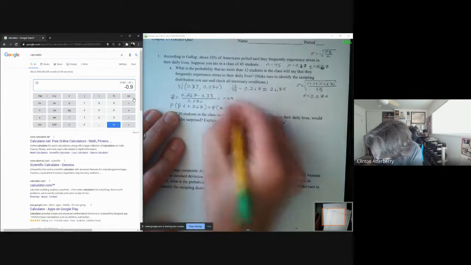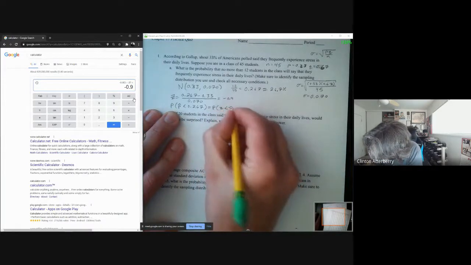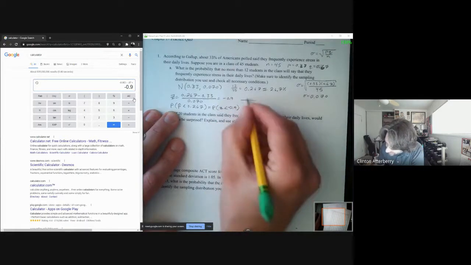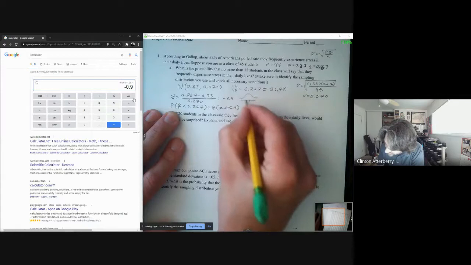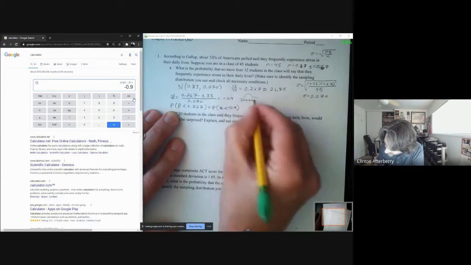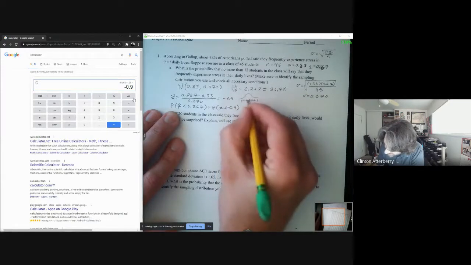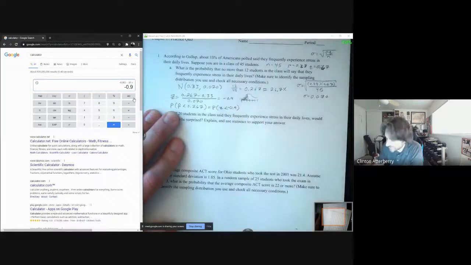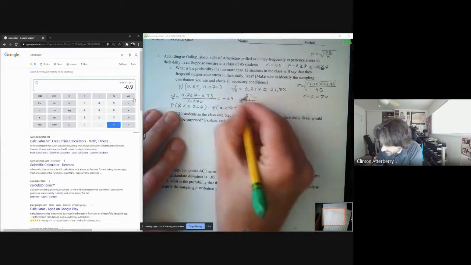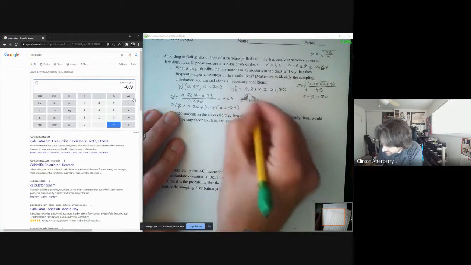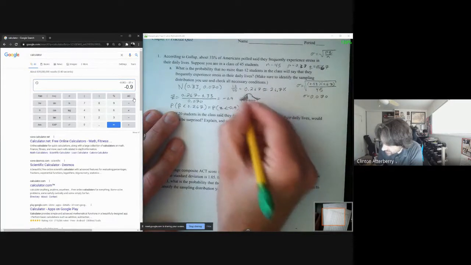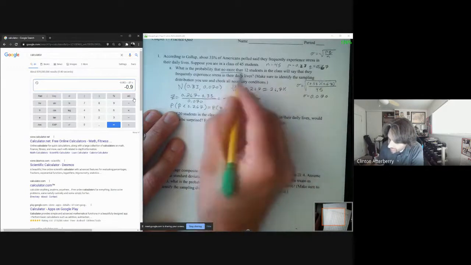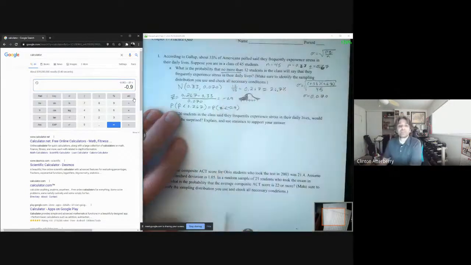So left side shaded, negative 0.9. Think about that. That's going to be the whole left side. If this is my middle number, it's going to be something like this, that left side shaded. It's the less than. That's what we're thinking of with the less than value. It's less than 12.